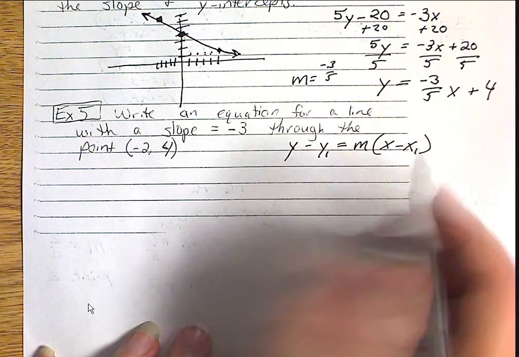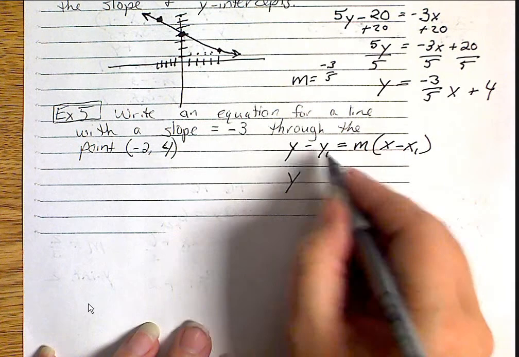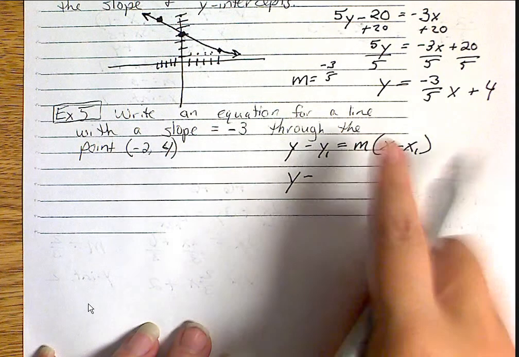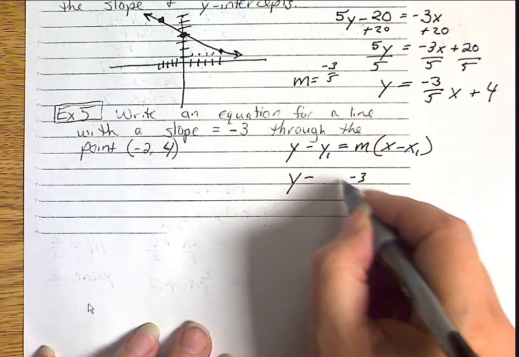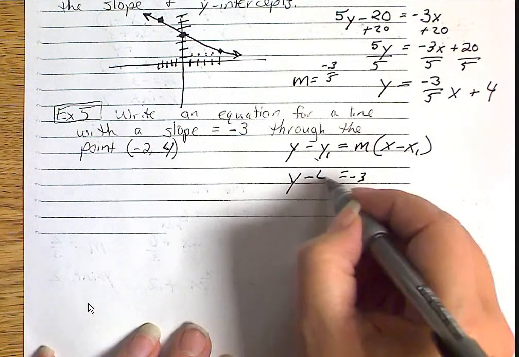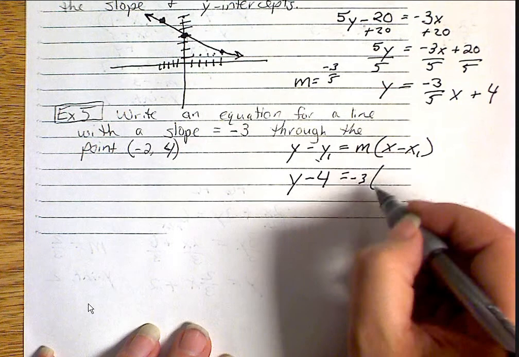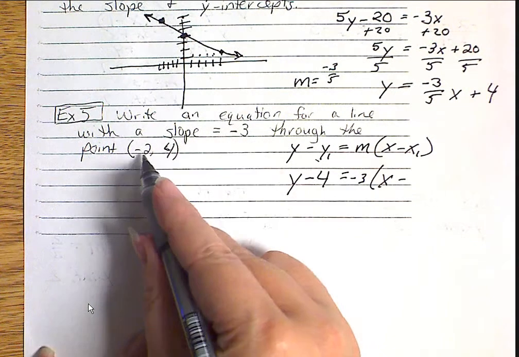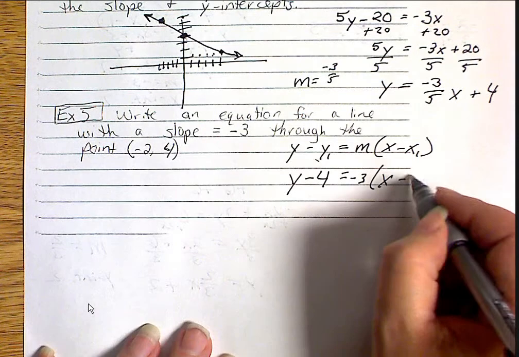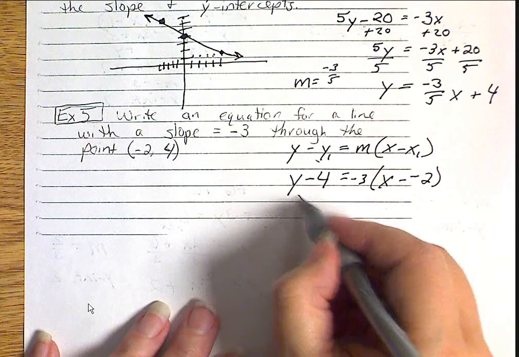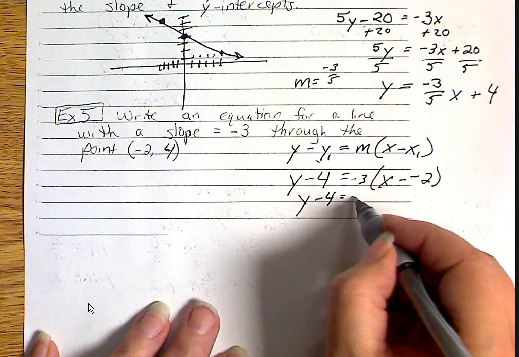So I have y minus, this one's negative 3, yep. But what is my y1? 4 is equal to your negative 3 times x minus my x1, which is negative 2. So it'll be plus 2, yep. So I have y minus 4 is equal to negative 3 times x plus 2.